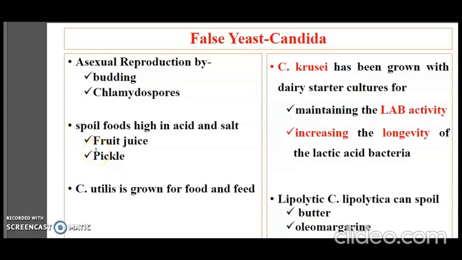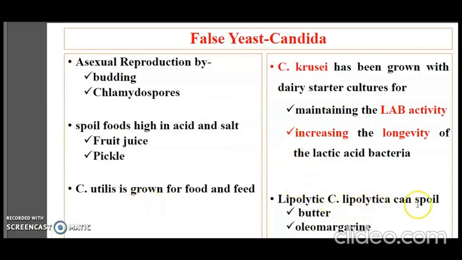Candida. Its asexual reproduction is by budding or chlamydospores, and it spoils foods that are high in acid and salt, such as fruit juices and pickles. Candida utilis is also grown for food and feed. Candida krusei has been grown with dairy starter cultures for maintaining the lactobacillus activity and increasing the longevity of the lactic acid bacteria.